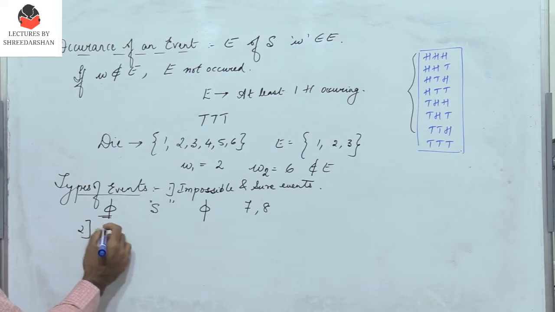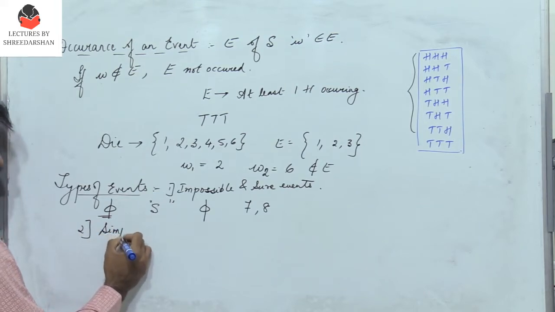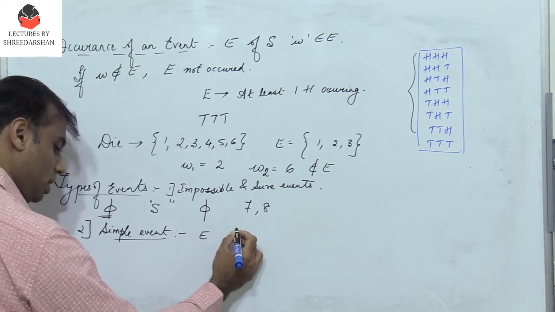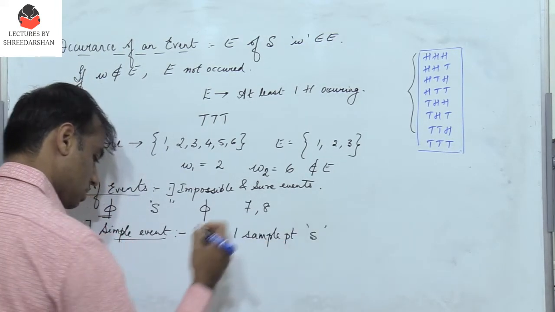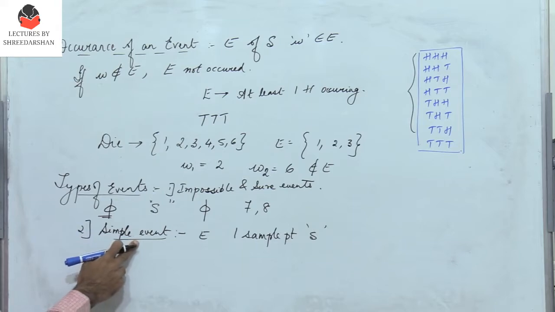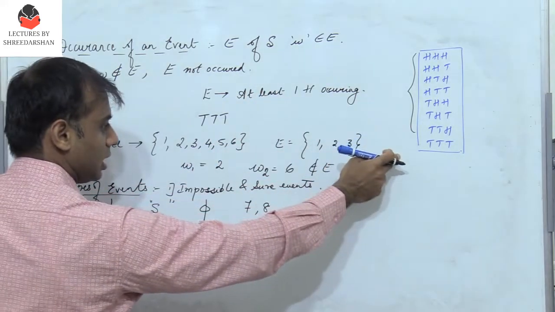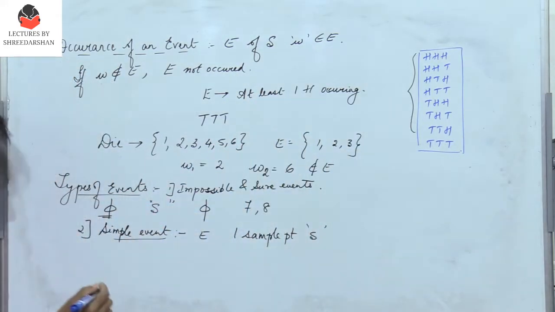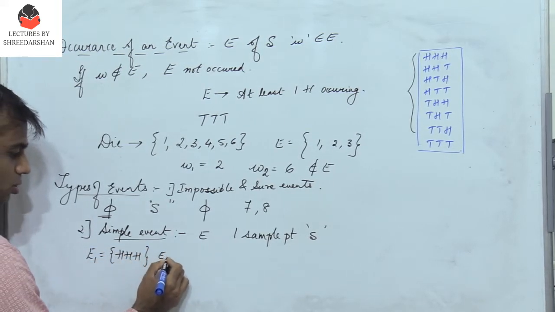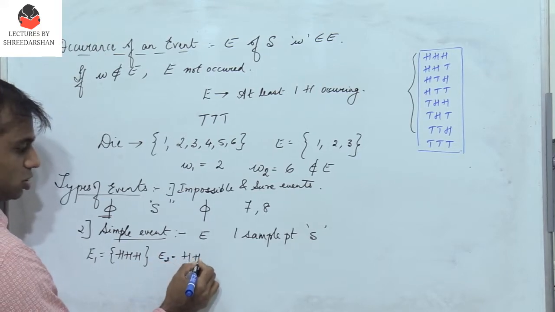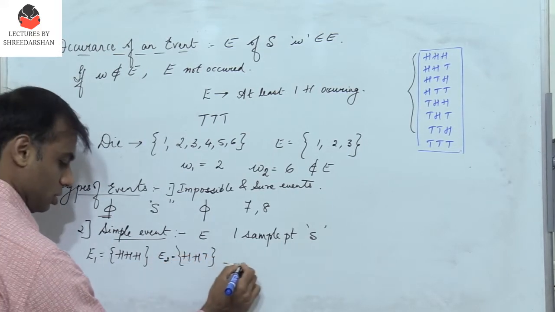The second one is a simple event. If an event E has only one sample point in the sample space S, it is referred to as a simple event or an elementary event. For example, if I consider tossing a coin 3 times, this is the sample space, and I define events E1 equal to HHH, E2 equal to HHT, and so on.